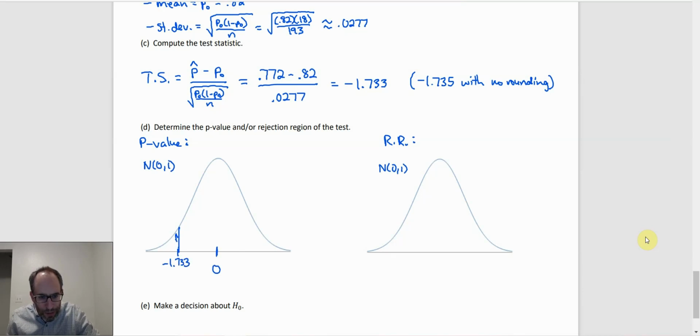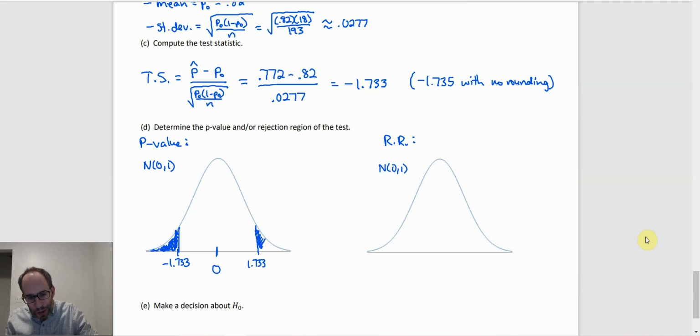And we'd have this left tail, but we have a two-sided alternative. So what we have now with just this tail is what you'd have if you had a less than in the alternative hypothesis. But we also need the tail on the other side. And starting the same distance away from 0, it would have to start at positive 1.733, and we'll need that.